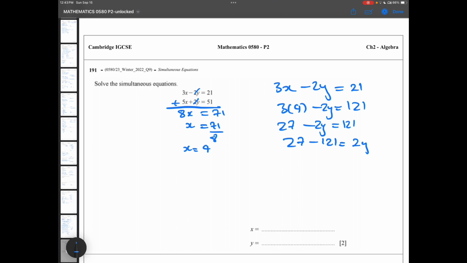Now 27 minus 121 is minus 94. Minus 94 is equal to 2y. So y will be equal to negative 47. So x is 9 and y is negative 47.